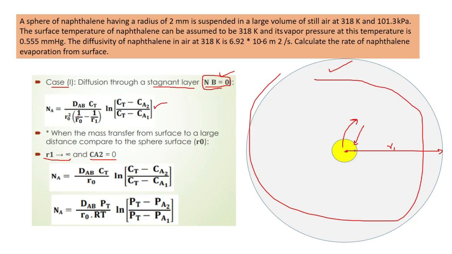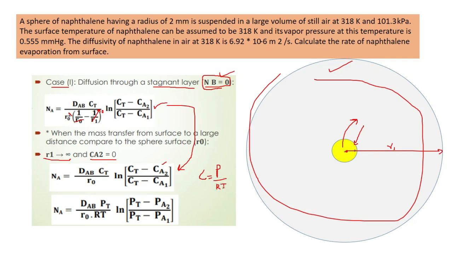So the NA equation can be written like this. As you can see, 1 over R1 is 0, so this term becomes 0, and R0 cancels with this, leaving DAB CT over R0 times the log term. You know that concentration is equal to P over RT according to the ideal gas law.